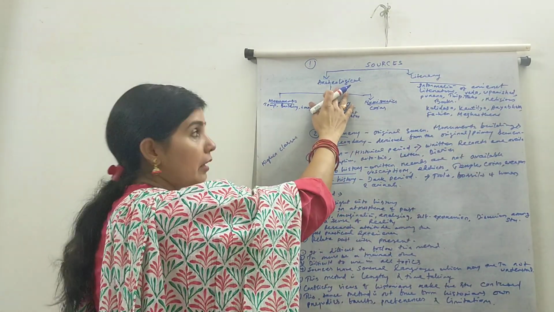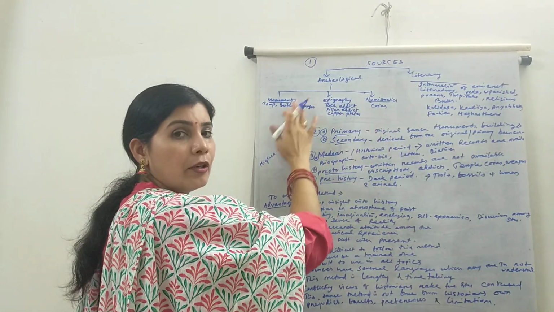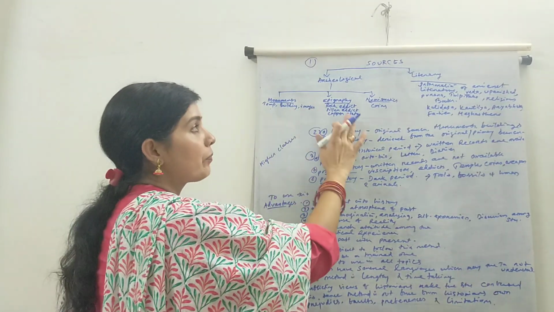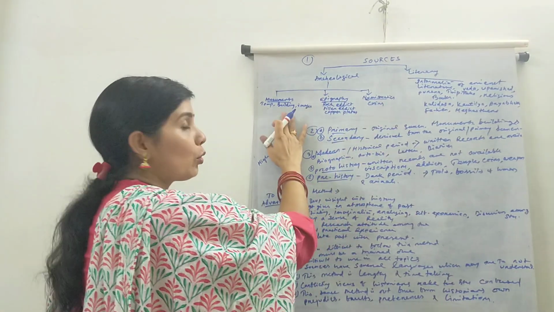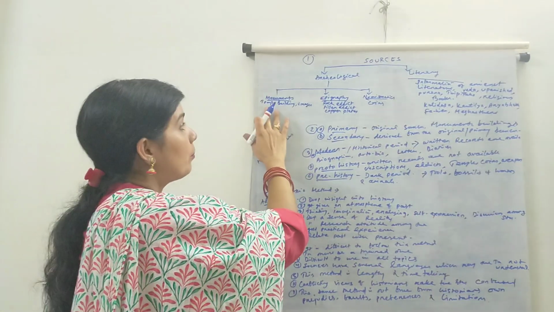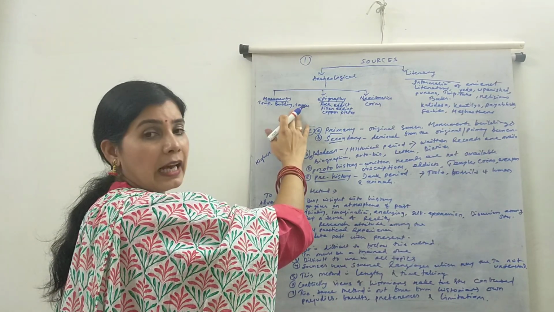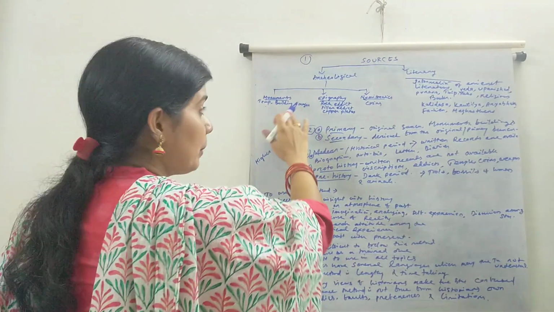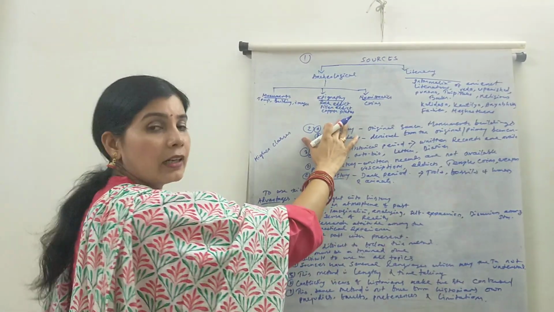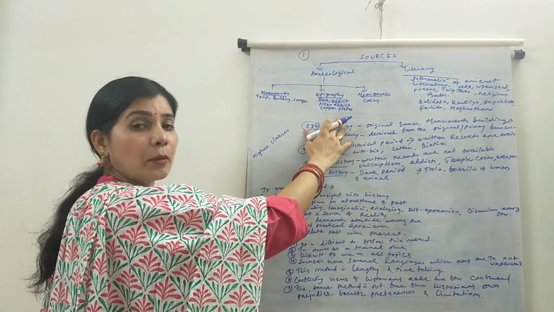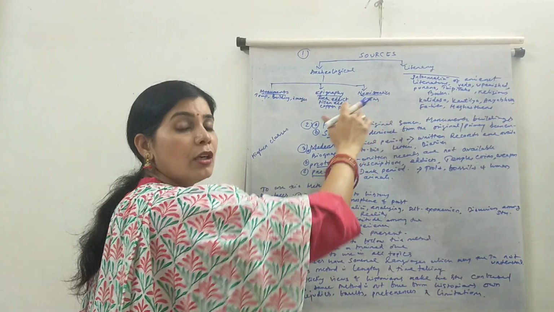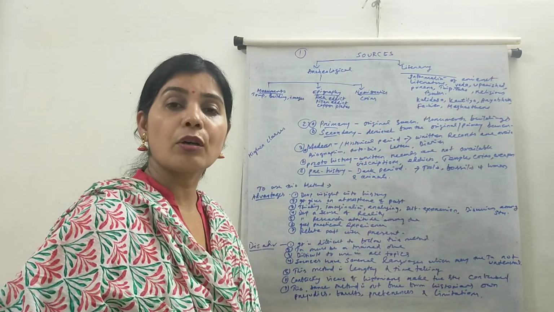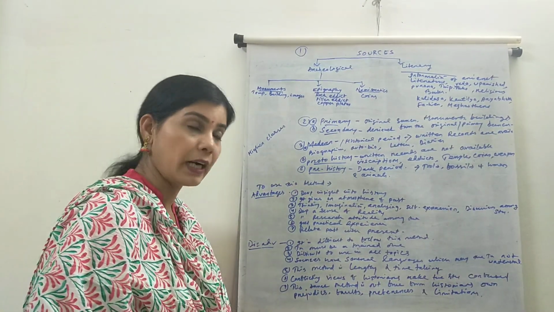Archaeological source is again divided into three types: first is monument, then epigraphy, then numismatic. Monuments include the temples, buildings and the images. Epigraphy contains the rock edicts, the pillar edicts and the copper plates, and numismatic is the study of coins available from our past.